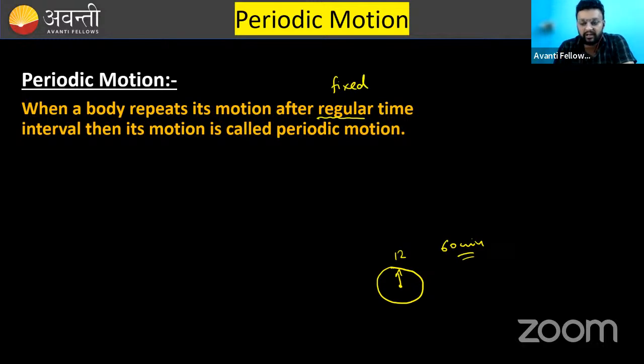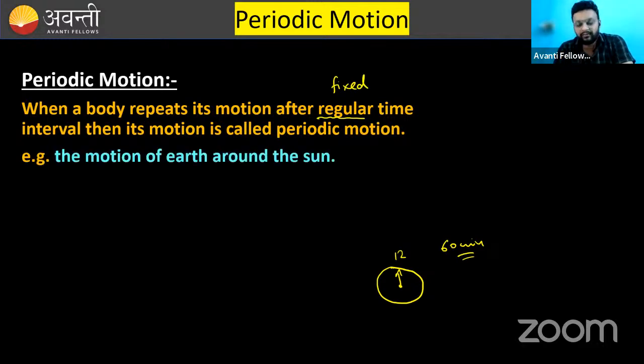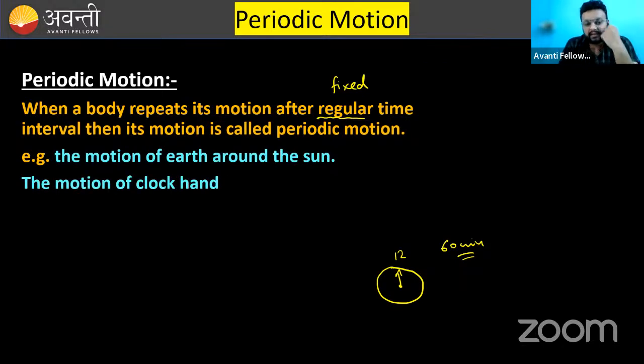Like I have already given some examples to you. The motion of Earth around the sun is a periodic motion. The motion of the clock hand can also be considered as a circular motion, or uniform circular motion. Uniform circular motion is an example of periodic motion.